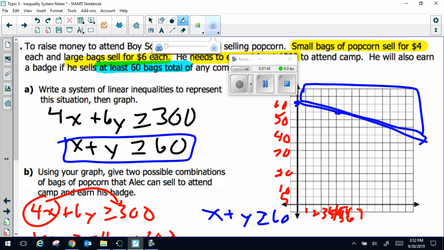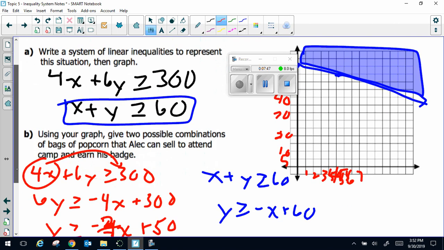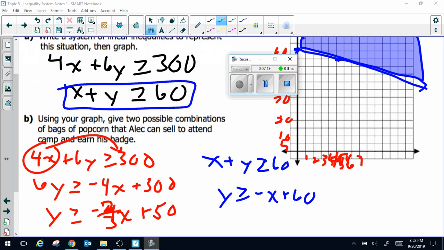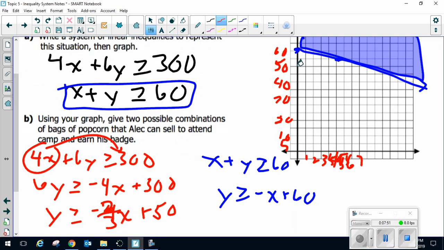Let's fade that out a little bit. There you go. And then for the red line, it's starting at 50, going down 2 to the right 3, somewhere roughly about there.